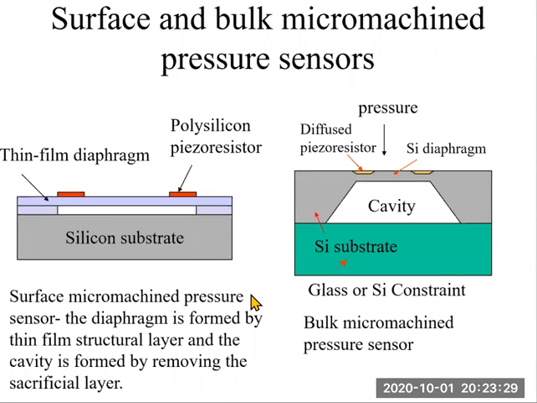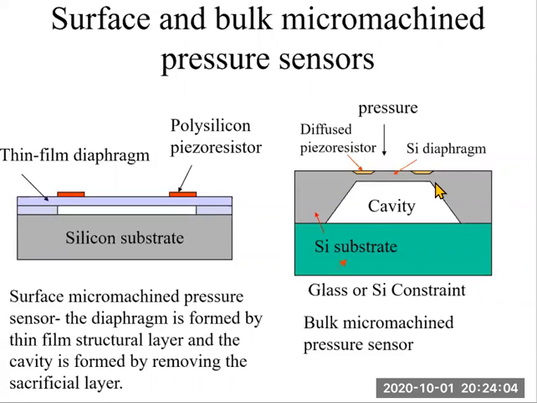Right, to give you a better idea, let's compare surface and bulk micromachined pressure sensors. This is a cross-sectional view of a bulk micromachined pressure sensor. The sensing element is this silicon diaphragm. When a pressure is applied, the silicon diaphragm deflects, and that deflection is detected by the piezoresistor. That's how we measure the pressure applied.